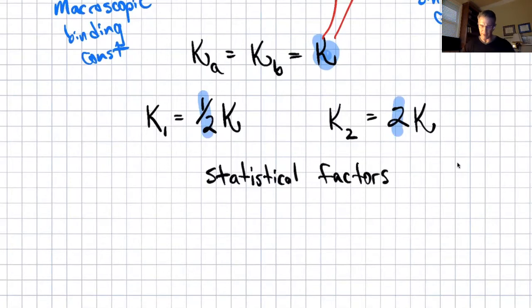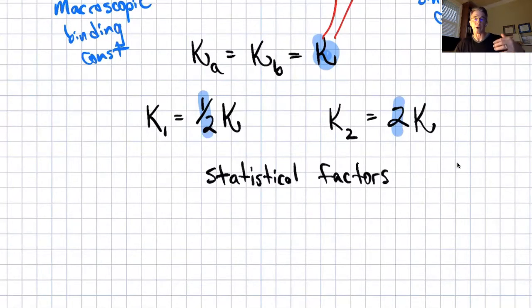If you think about what that means, that first expression for K1 means that the macroscopic K1 affinity appears to be stronger. It's lower, it's smaller, it's 1/2 the true microscopic affinity. While that second macroscopic binding constant appears to be weaker.